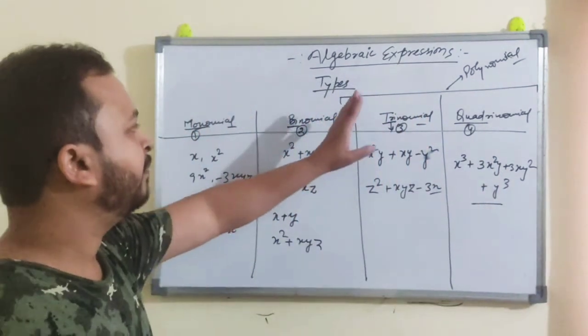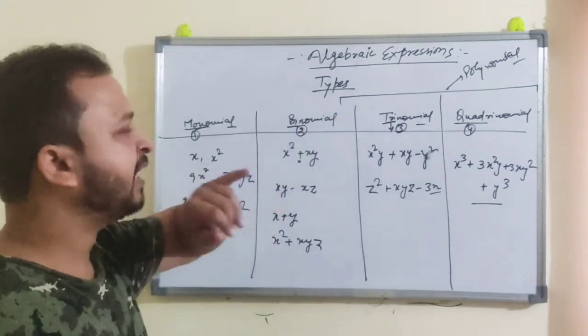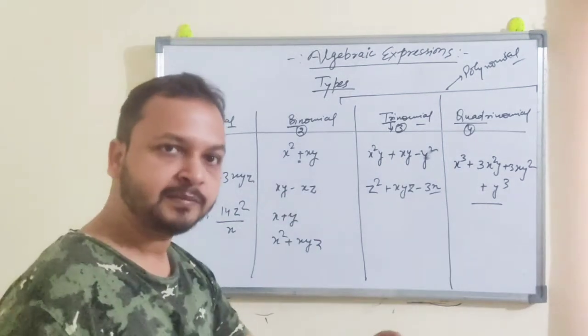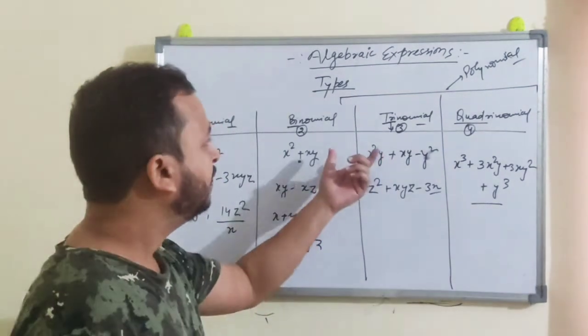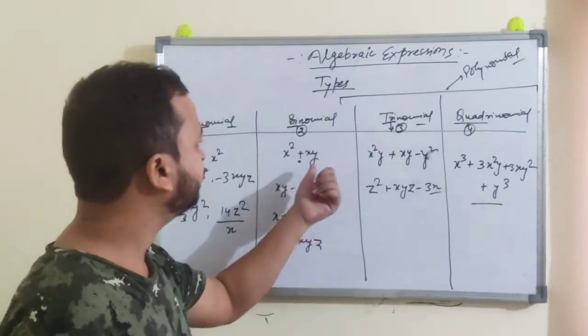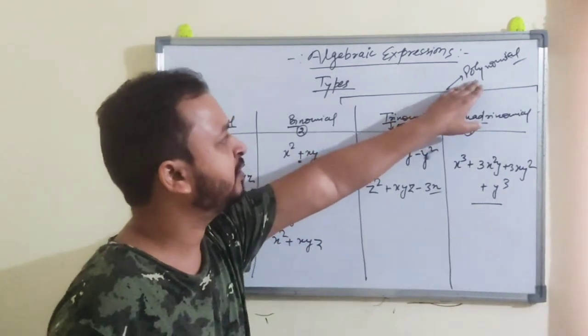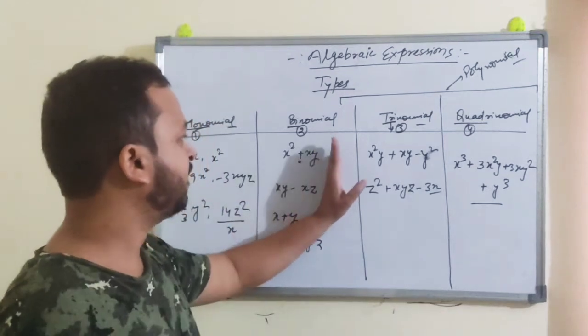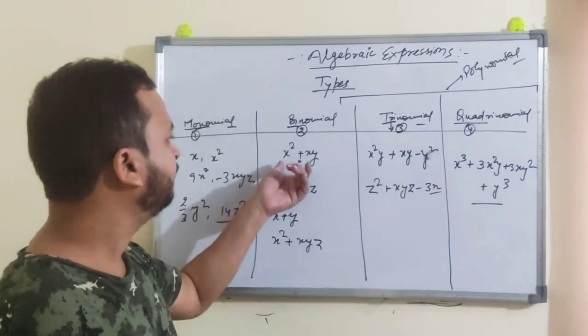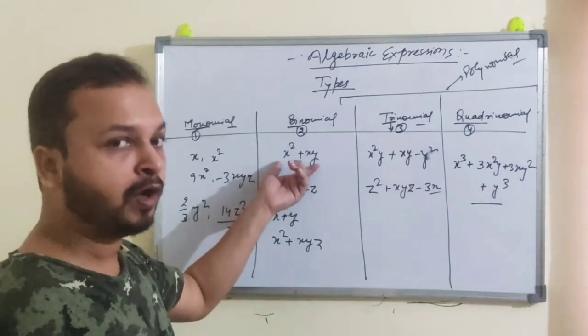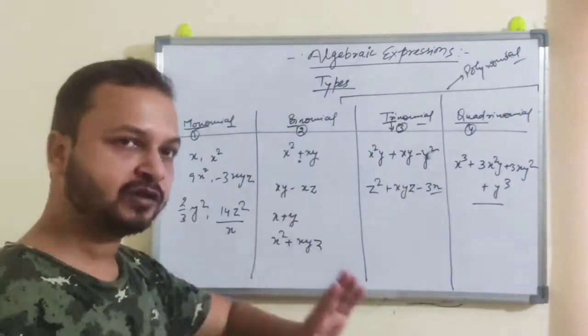But any expression having either 2 or more than 2 terms, right? So polynomial means any expression having 2 or more than 2 terms in either addition or subtraction.